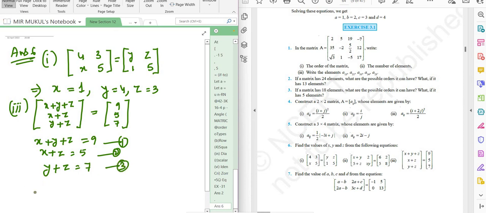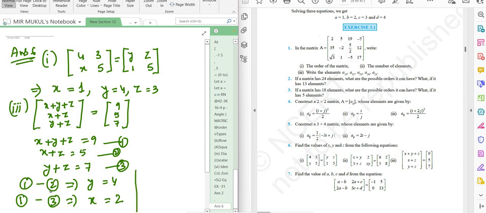Now 1 minus 2, what will we get? If we subtract, then we get y, so 4. Then 1 minus 3, we get x. How much? 2. Then we put y and x in the first equation: 2 plus 4 plus z equals 9.